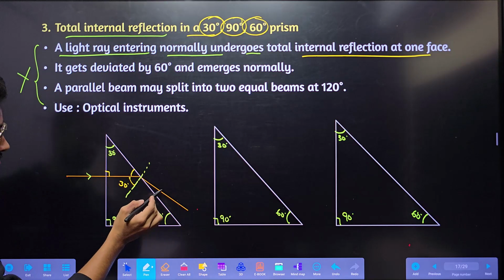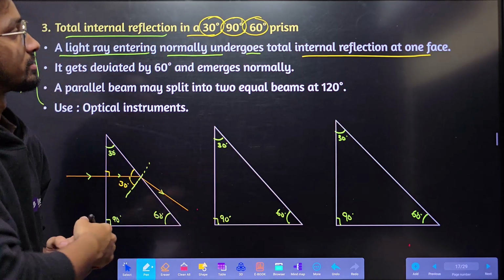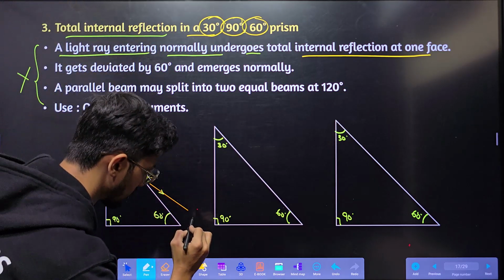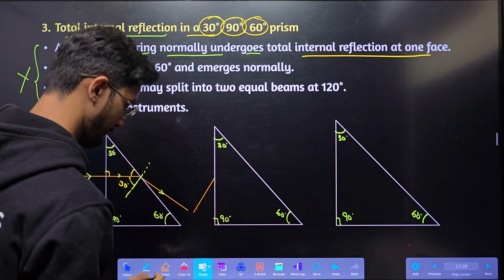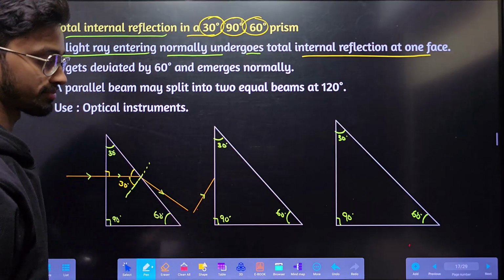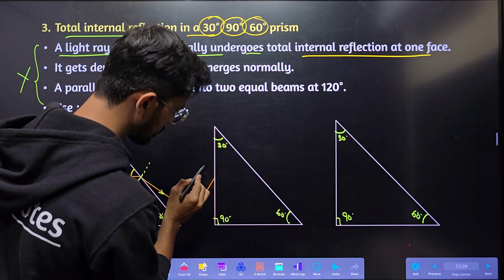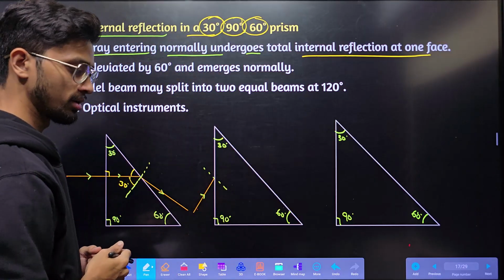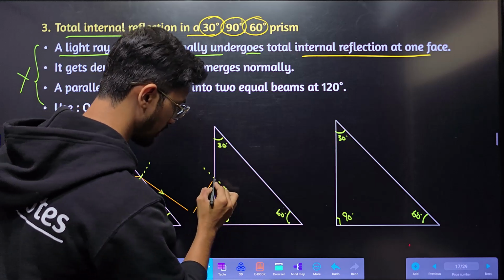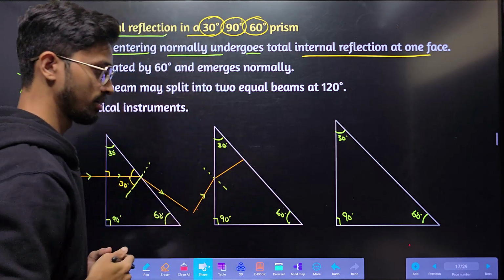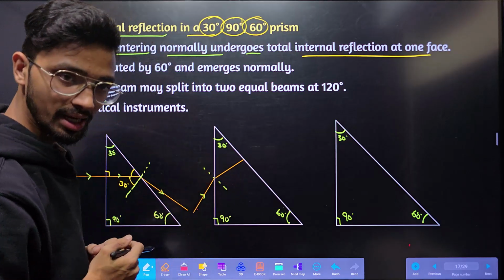Out. Simple. Now, what happens in this? If it comes like this way, it takes a refraction, right? Okay. This is normal. Refraction occurs. So it will go like this somewhere. This is 90.